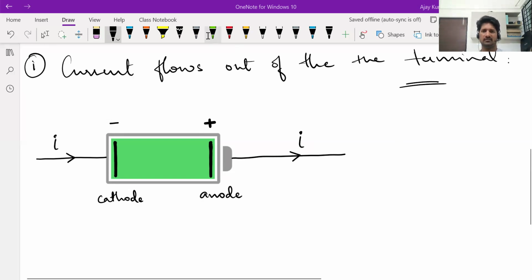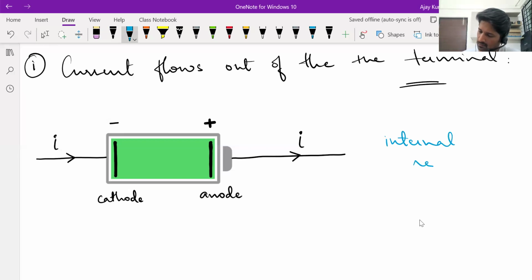Yes, sir, there will be resistance because that electrolyte is present. It's not empty space where the electron moves freely without colliding with any obstacles. Electrons will undergo collisions inside the battery also. So that resistance experienced by electrons when they move through the cell is what we call the internal resistance of a cell. Any real cell will have some internal resistance.